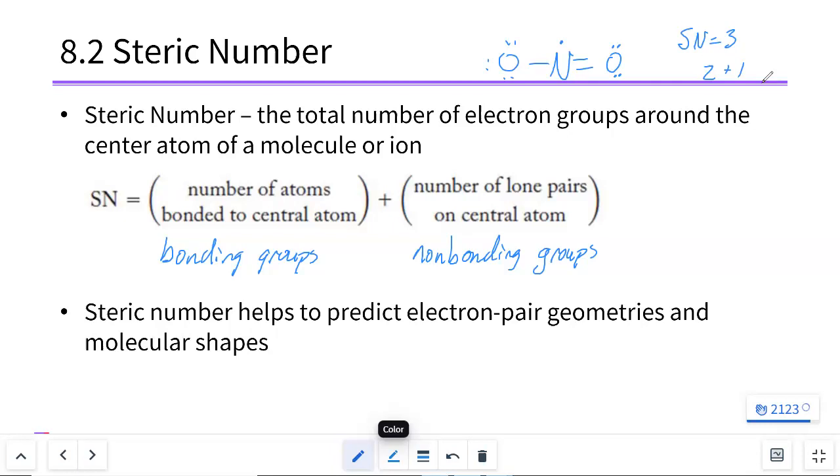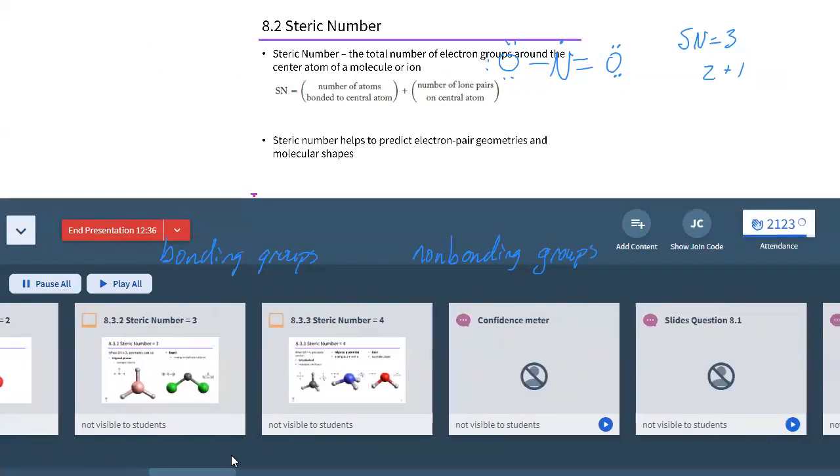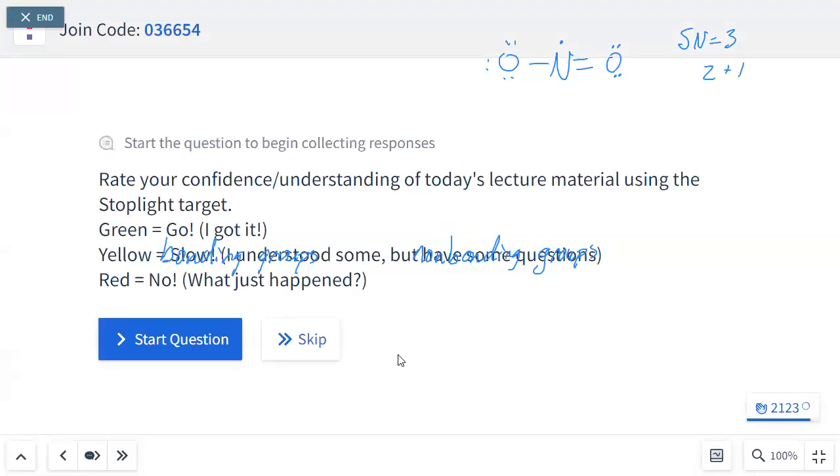First thing on Monday, after we do the proficiency, we'll start exploring those 5 different groups and all of the shapes that come out of them. That'll be our springboard to doing some practice with shapes and predicting things like bond angles. So this is where we will stop for today, and we'll pick up further on Monday after the proficiency.